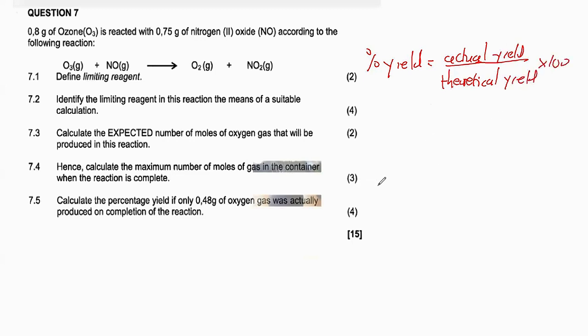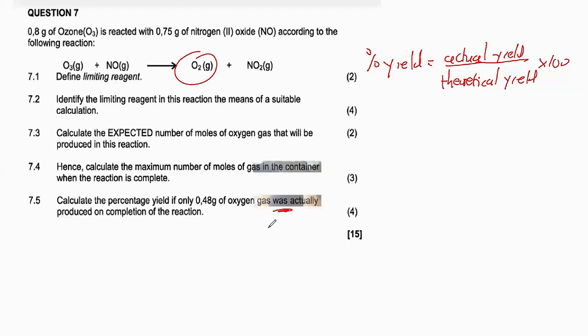Now the theoretical yield, I've already explained what that is. It's the maximum amount of product that can be produced of that particular substance. So now we are focused on the oxygen gas. They're telling us that the oxygen that was produced is 0.48, the actual.